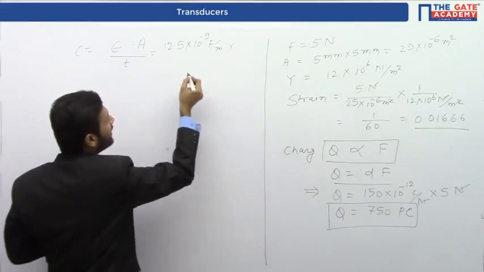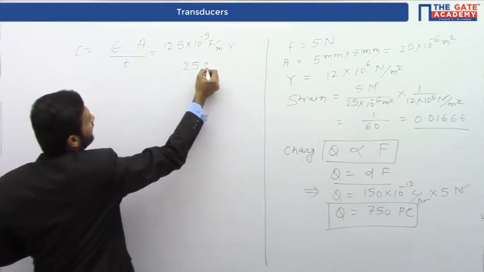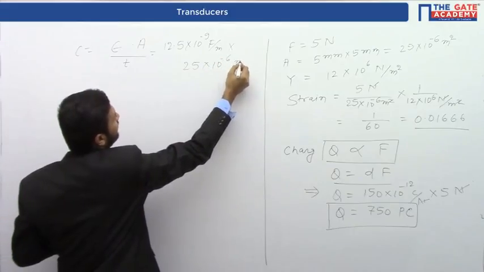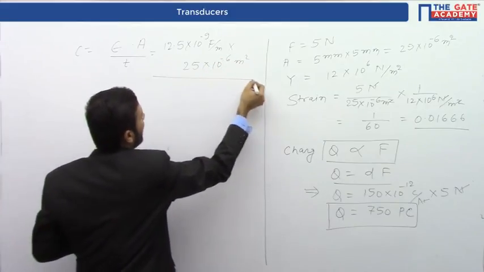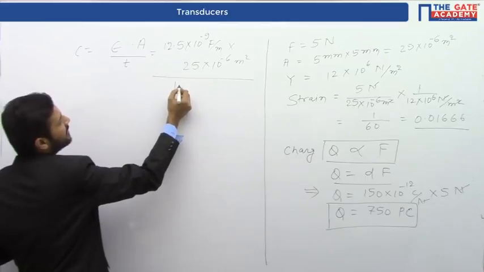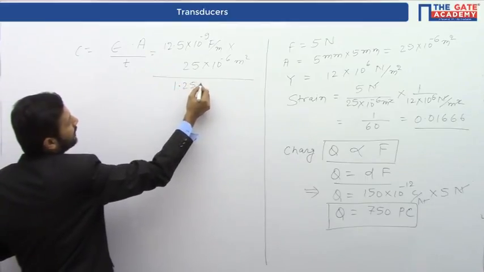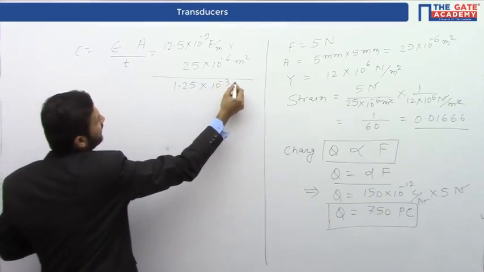Area is already given as 25 into 10 to the power minus 6 meter square, and the thickness is given as 1.25 into 10 to the power minus 3 meter.